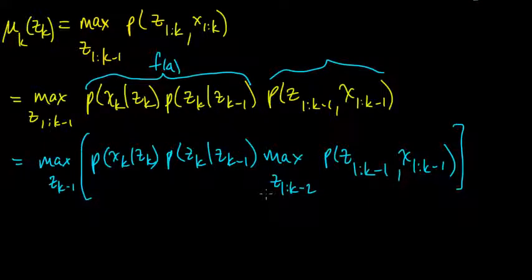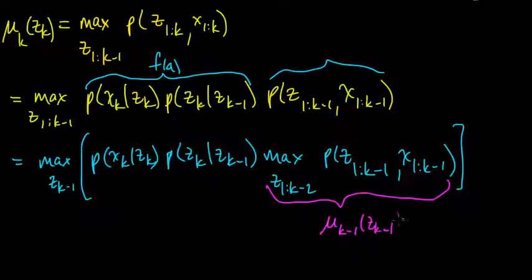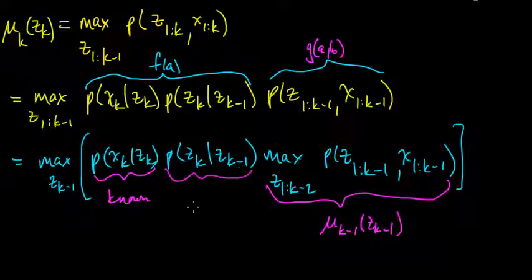So this is mu k minus 1 of zk minus 1. Sorry, I didn't finish writing; this is g of a and b here. So this is mu k minus 1, and that's nice. This is known: this is just the emission probability, which we are assuming is known, and this is the transition probability, which is also known. So it looks like we're getting somewhere.